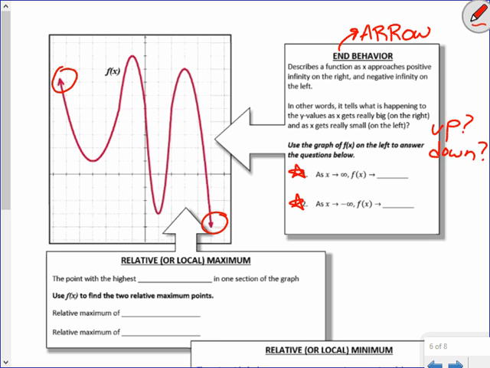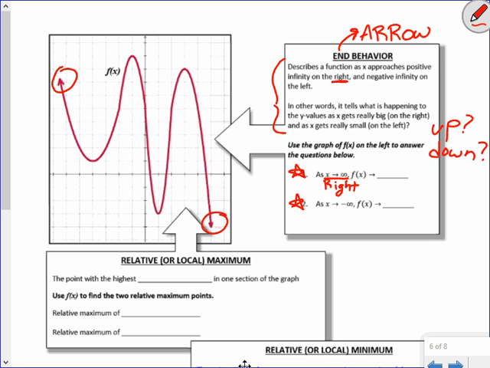So, like this little section was saying, on the right, when we're trying to say that a graph is going to the right, we say that x is approaching positive infinity, which is what I have represented right here. So the x is there, the approaches is represented by the arrow, and the positive infinity is right there. So this is another way of saying go to the right. And then the f of x obviously stands for the function, the y's.